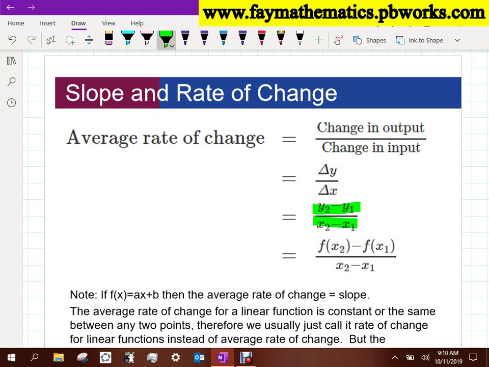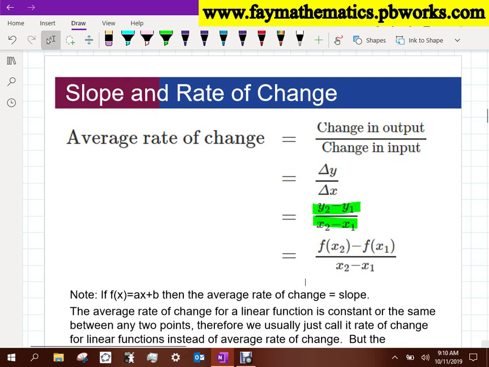That's exactly the same as delta Y over delta X, okay? Delta means change, right? And if we look at that bottom one, now that bottom one's more in function notation, but it's taking a Y value minus another Y value up top, okay? And then dividing by the difference in the X's that produce those particular Y's, okay?